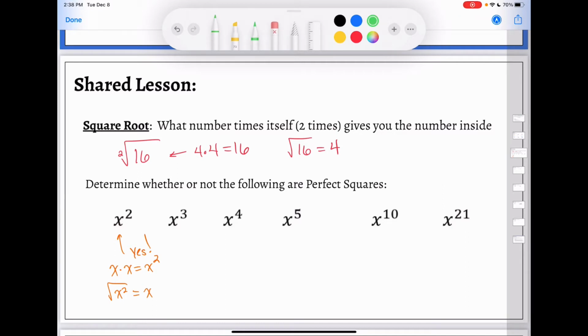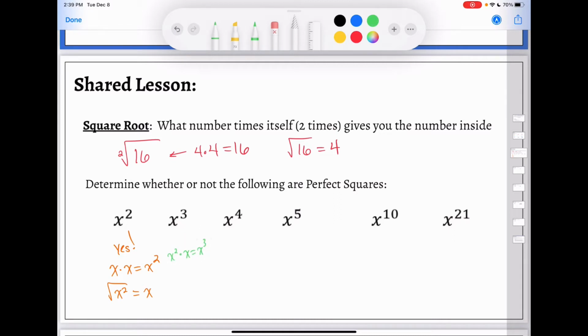What about x to the third? Is there something times itself that would give us x to the third? No, I don't think so. x squared times x equals x to the third. That's not something times itself.